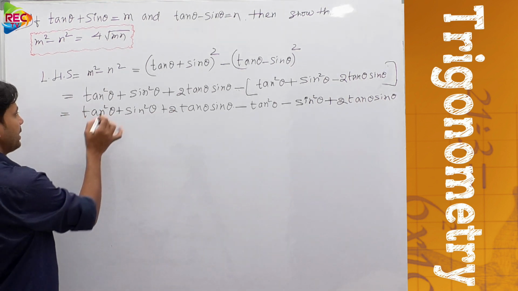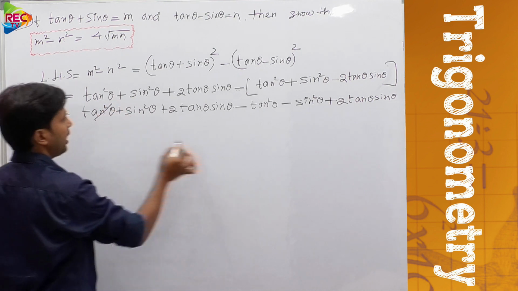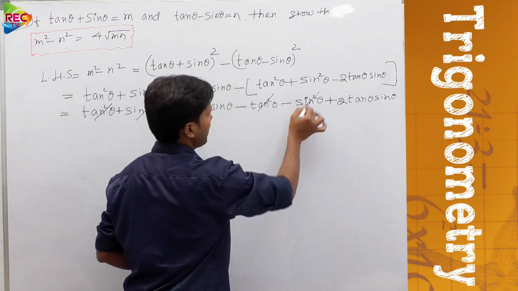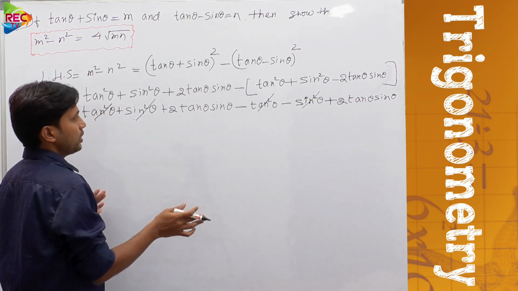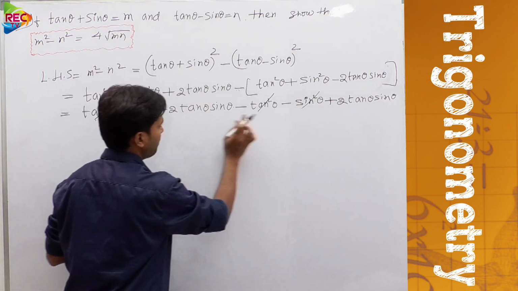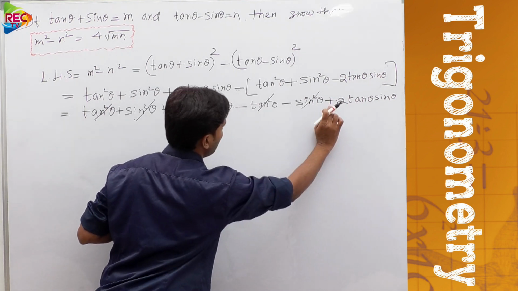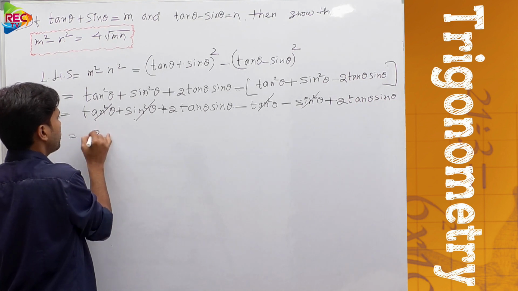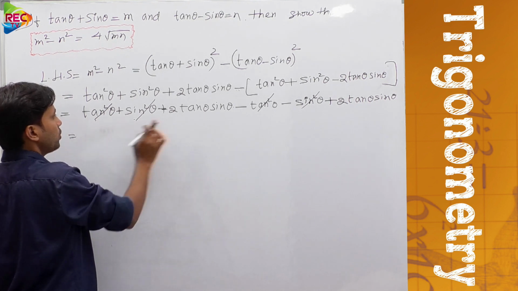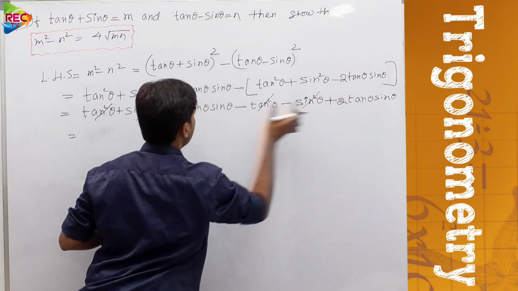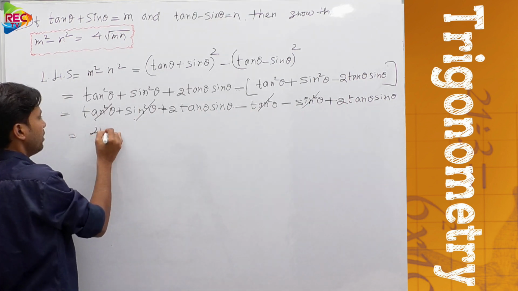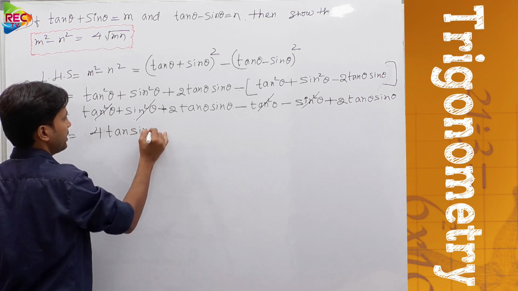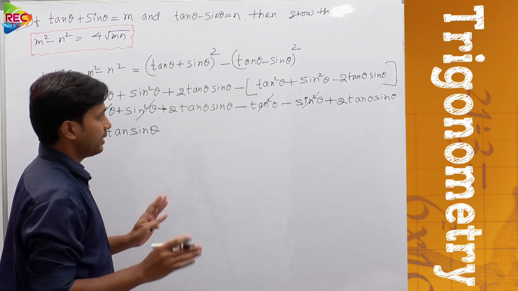Here tan square theta has a plus symbol and a minus symbol, and sin square theta is plus over here and minus here. We can cancel these. What remains? 2 tan theta sin theta and 2 tan theta sin theta, both have the same sign. We can add them together. So what do we get here? 2 plus 2, 2 tan theta sin theta repeated twice, so we can write it as 4 tan theta sin theta.